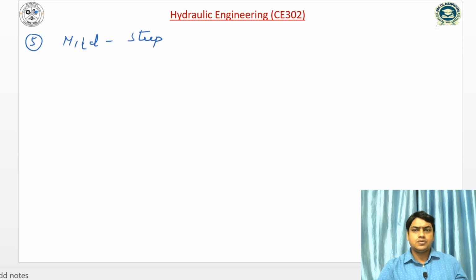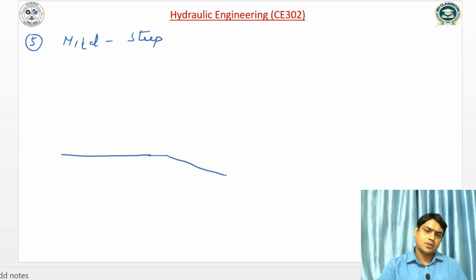Now I am going to draw the flow profile for mild and steep. So we know that the steep slope is greater as compared to the mild slope. So if I draw, this is the mild slope, and this is the steep slope.